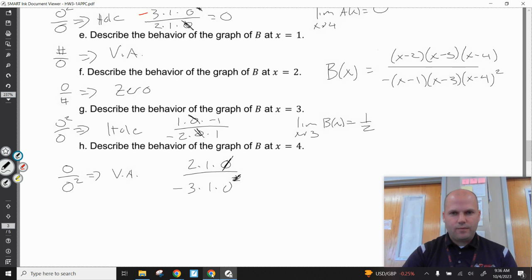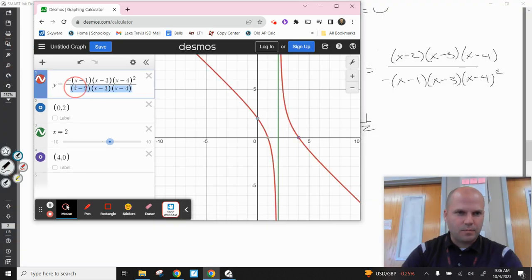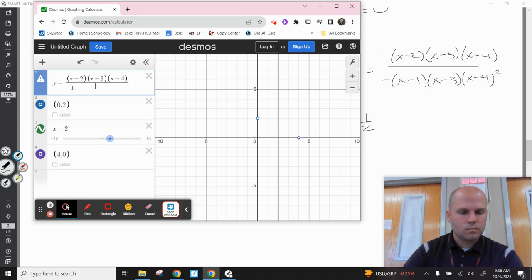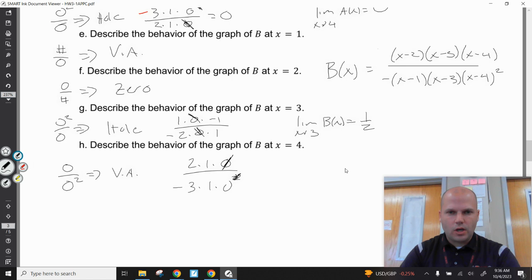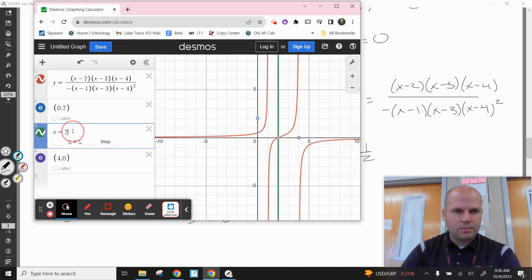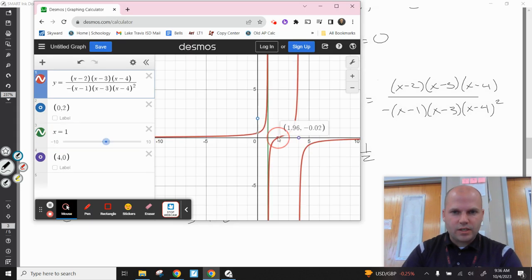Tricky stuff. Doesn't usually show up, but let's see what happens if I flip these. Okay, so x equals 1 is a vertical asymptote. That checks out. X equals 2 is a 0.